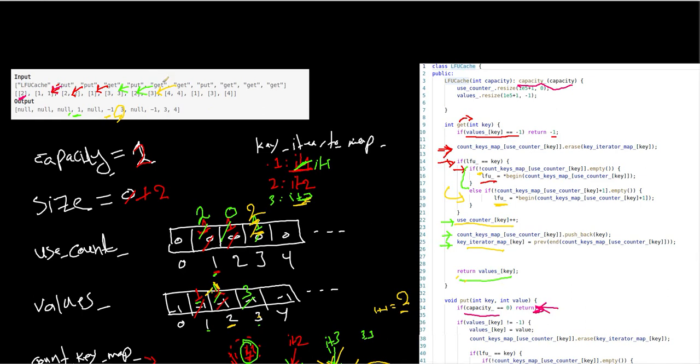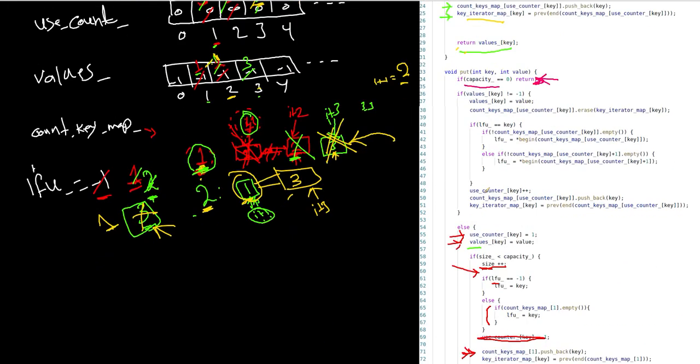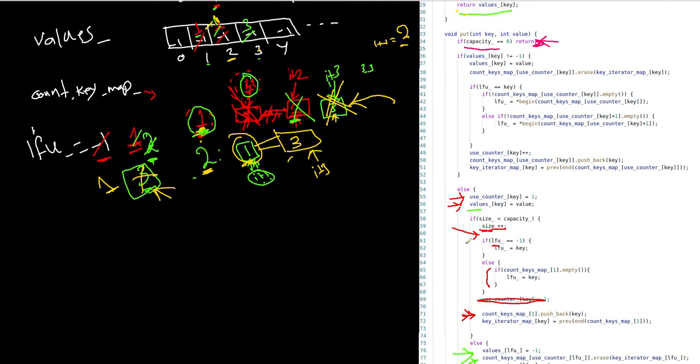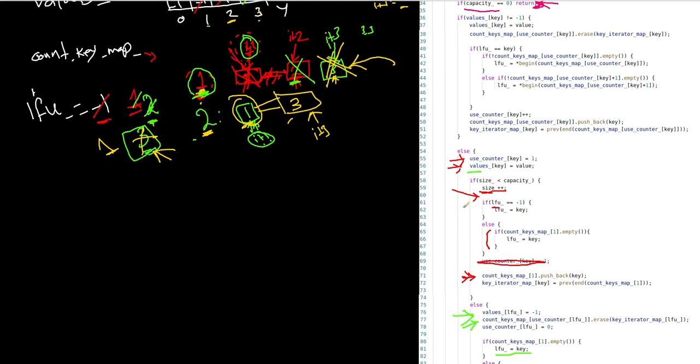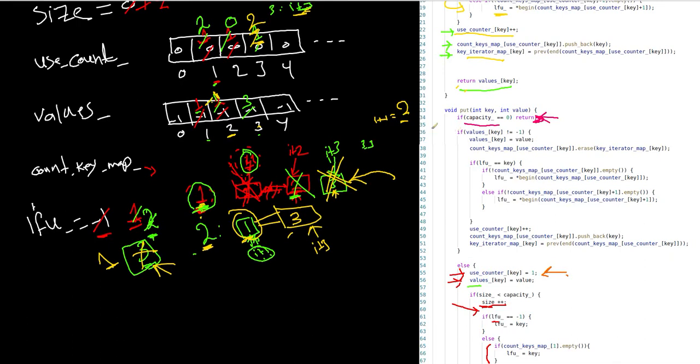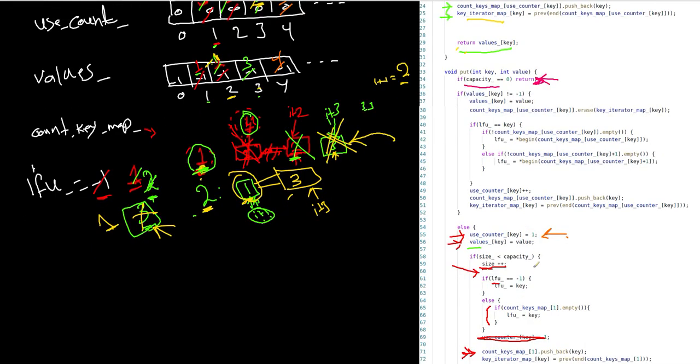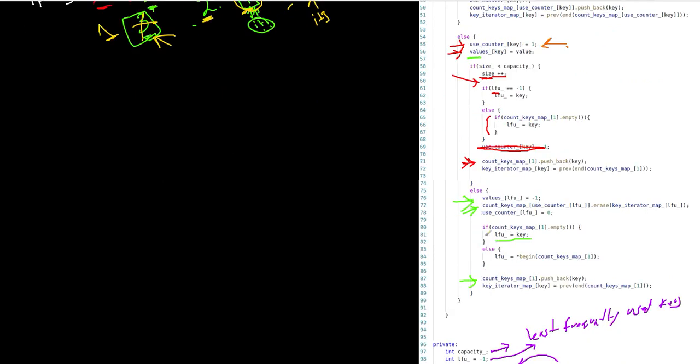Next call is put 4. Now 4 equals -1, so we go to this else statement. User count of 4 equals 1 because we are inserting it. So this is 1 and the value is 4. If size less than capacity, no, we come to this else.